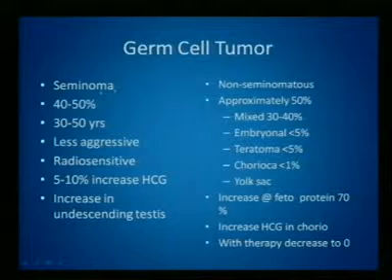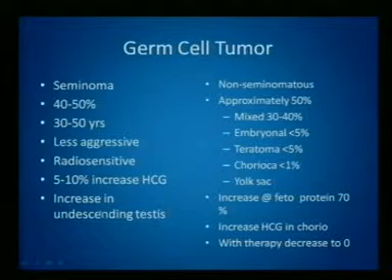Germ cell tumor can be subdivided into seminoma and non-seminomatous tumor. Seminoma is about 50%, occurs at 30 to 50 years old, is less aggressive and radiosensitive, and tumor markers are usually not elevated, but in about 2% they will be elevated.